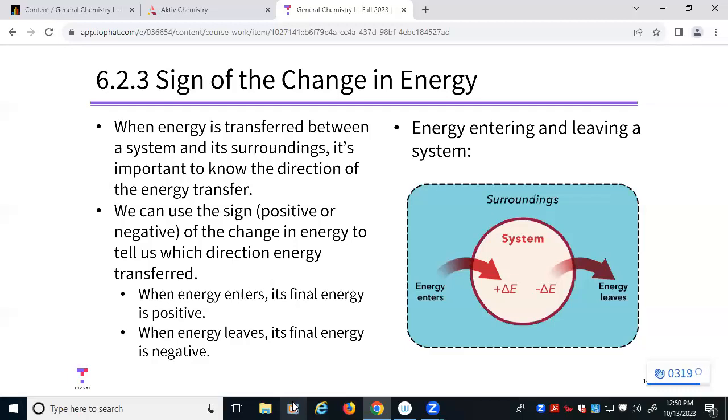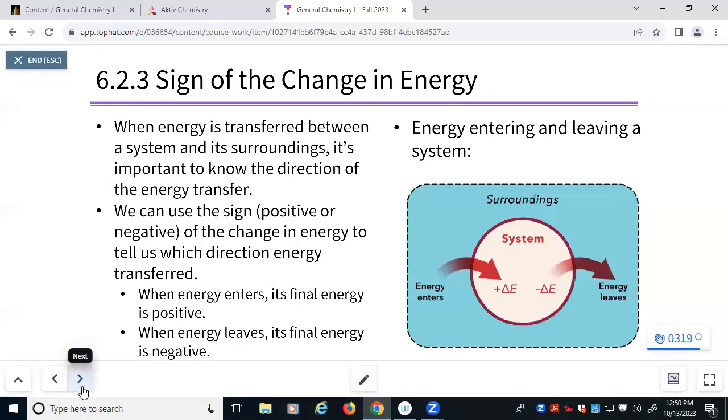But when energy leaves the system, we mark that as a negative change in energy. So energy in, positive, energy out, negative. Now, next week, we'll get into some more terms to kind of hone in on some more specifics there. That's what we're going to end for today.